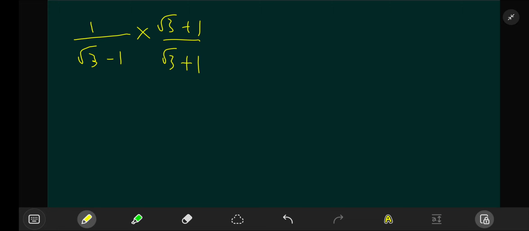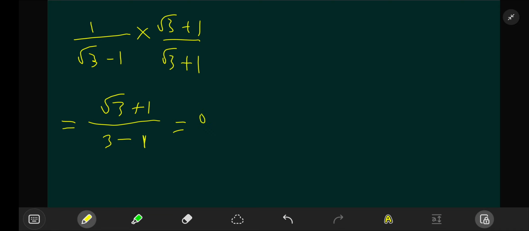Now rationalize it. Rationalize means we multiply and divide by root 3 plus 1, changing the sign. So the answer is root 3 plus 1 divided by a minus b into a plus b, that is the a square minus b square form. a square is root 3 whole square, which is 3, minus b square, 1 square, which is 1.